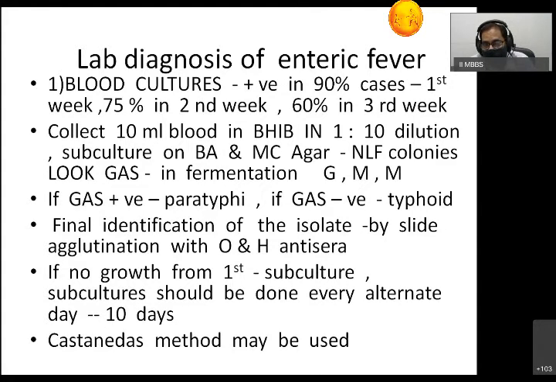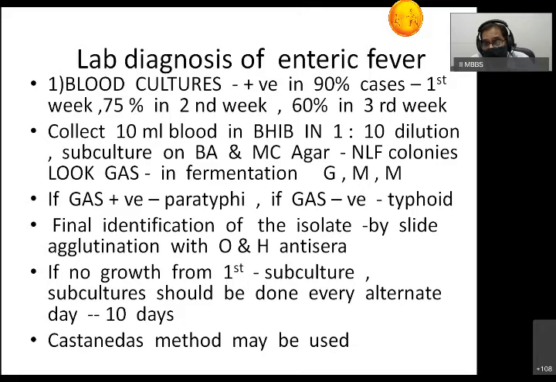For diagnosis by blood culture, collect 10 ml of blood in brain heart infusion broth in 1 in 10 dilution. So you have to keep the dilution in such a way that if the amount of blood is 1, then the fluid, the BHIB, should be 9 ml, correct?